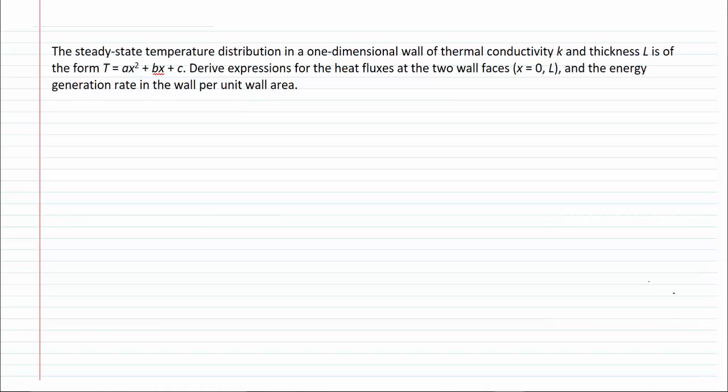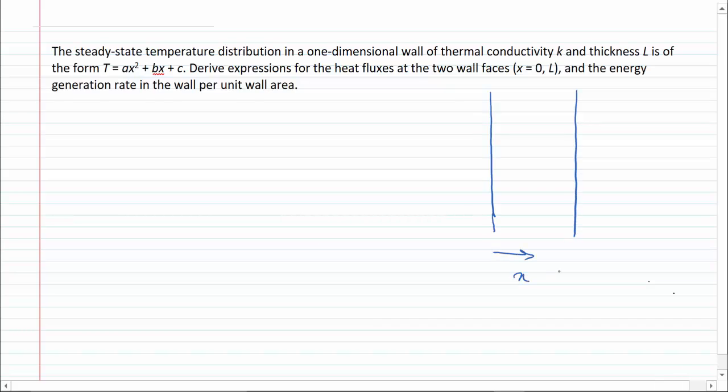So here's a quick schematic of what the problem is actually asking us. Here's the thickness of this one-dimensional wall, and here's the direction x. We know the distribution is given to us, so T as a function of x is given.